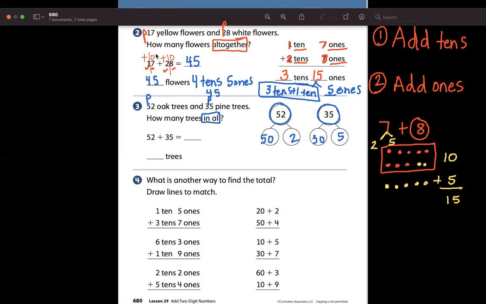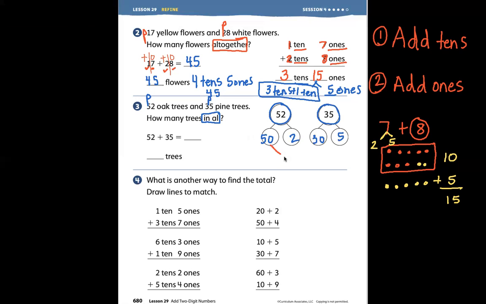What's 5 plus 3? 8, right? So 50 plus 30 is 80. And then we're going to add 2 ones plus 5 ones, 7 ones. So now we have 80 plus 7 equals 87. 87 trees in all.